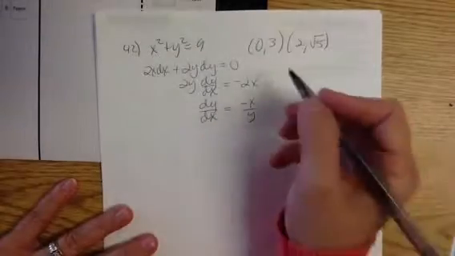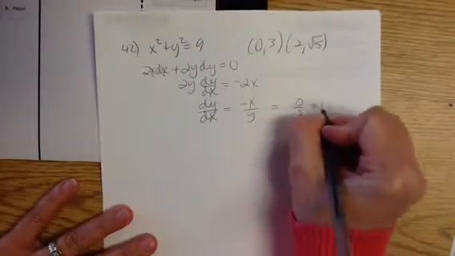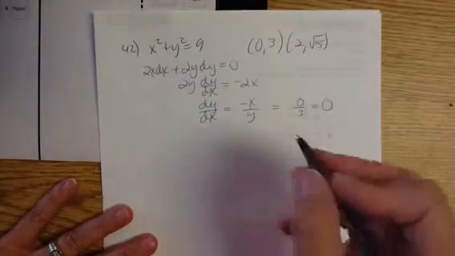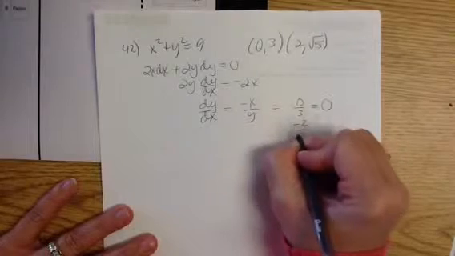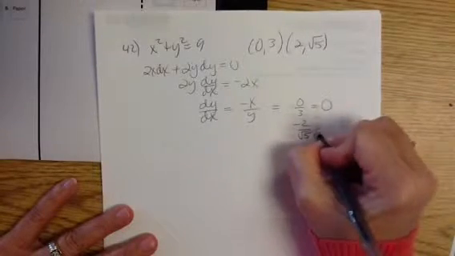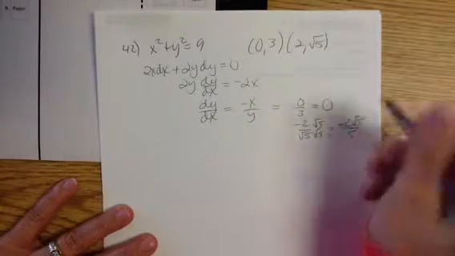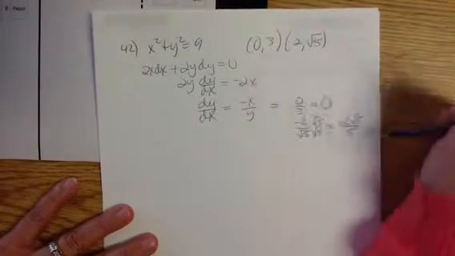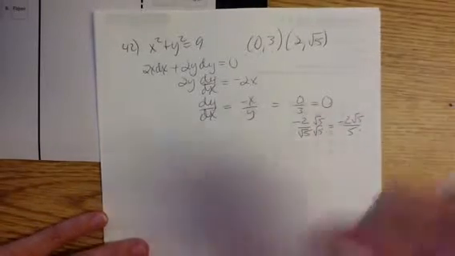So what I'm going to do is I'm going to find the slope plugging in 0 over 3. And then I'm going to find the slope plugging in negative 2 over the square root of 5. So now what I have is here's the slope at this point, and here's the slope at this point. And they want us to find the equation of tangent lines.